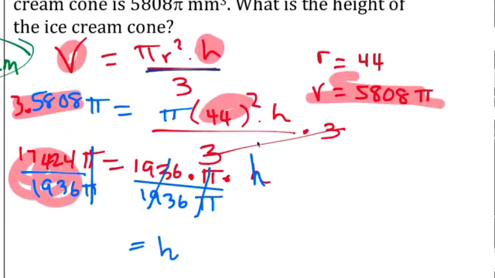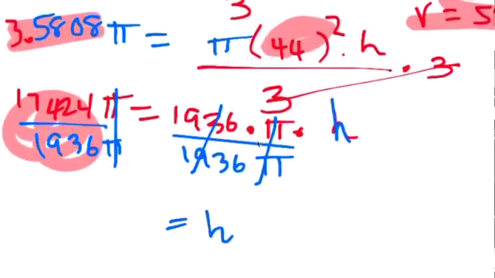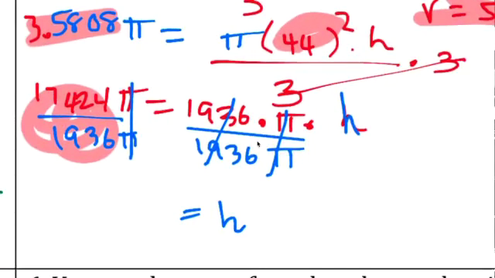This is going to be on your test. So listen to how it's done. Look at how it's done. If you don't know how to do it, do it again and practice it so you understand it. Okay? So that gives you 17,424 divided by 1936.